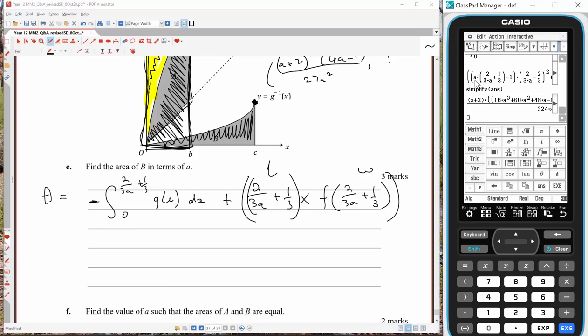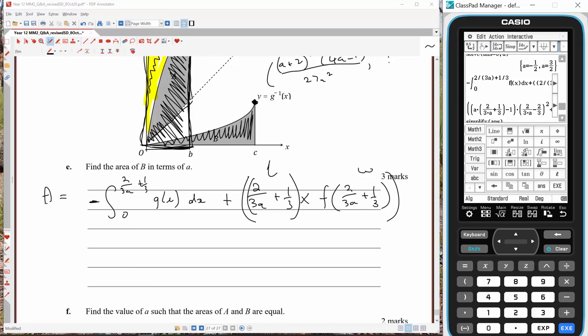Let's see what I've done. 2 over 3a plus 1/3 to 0, negating the result for g of x. I think I just used g, and f of x is still the function. So I've obviously got a g of x function defined somewhere, which is a completely different function. The moral of the story is that g of x is actually still the same function as the original, which I defined as f of x.